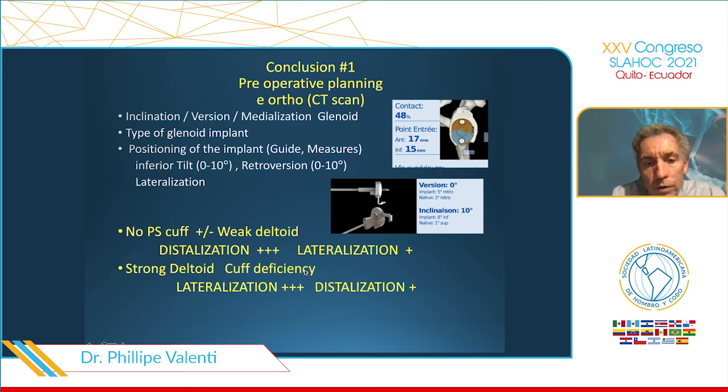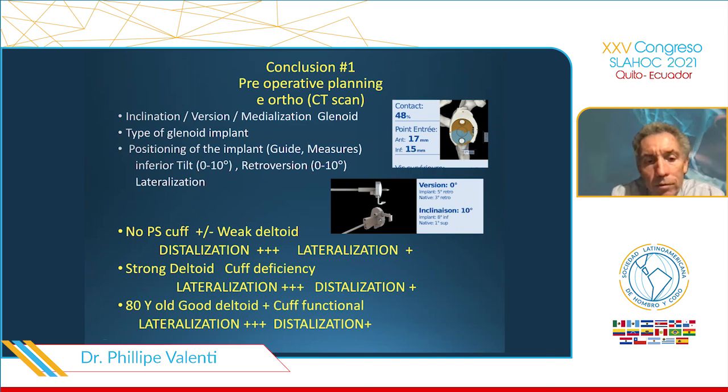If we have a strong deltoid with a cuff deficiency, we prefer to lateralize more than distalize. And if you have an old man, 80 years old, with a good deltoid, with a functional cuff, we prefer to lateralize and distalize.